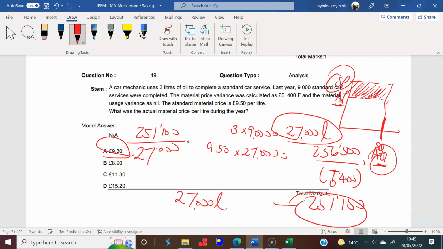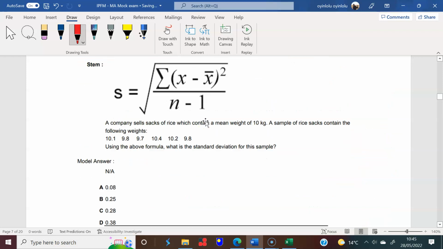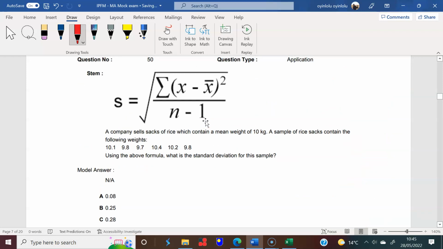And then finally, in this series, you are given a formula. You need to follow the formula exactly. Some formulas use n, some don't. N minus 1 is a statistical way of reducing the error factor, because we're talking about samples. So the task is to find the mean. Oh, they've given you the mean, forgive me.